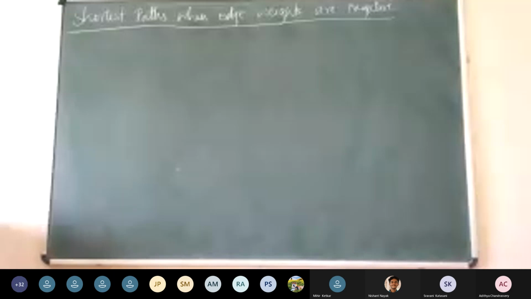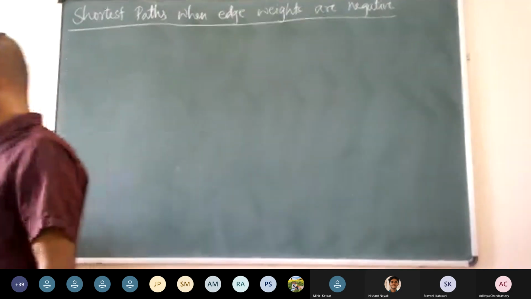If the weights are positive reals, you can use Dijkstra's algorithm, which is the fastest one. We used a variant of breadth first search also, which gave an order of mn algorithm, but Dijkstra's is much faster.